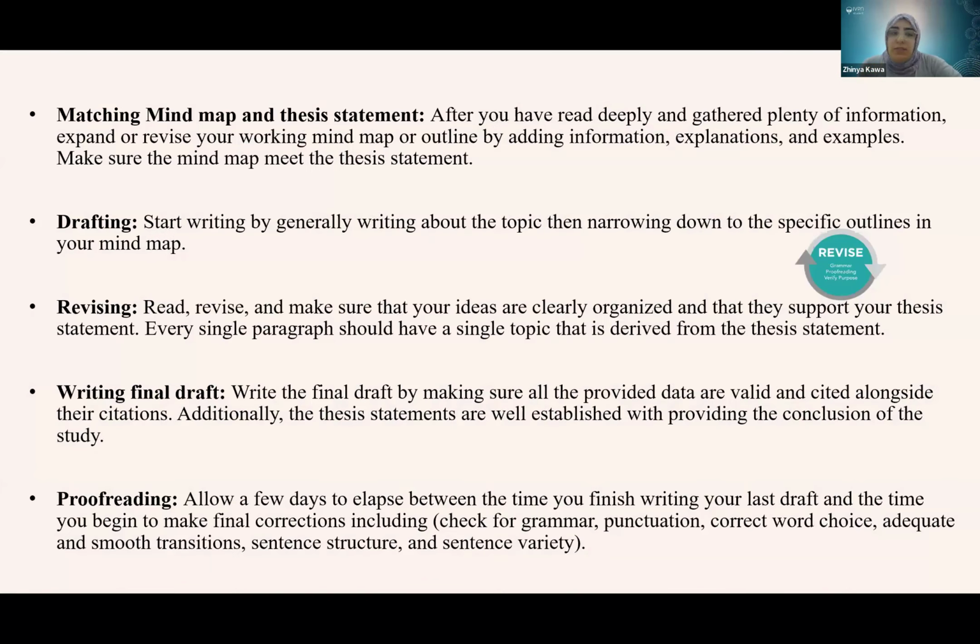Okay, so after doing that, in literally each step you pass, you need to make sure that everything aligns with each other and does not deviate from each other. Okay, so make sure about that. Matching the mind map with the thesis statement is so important.